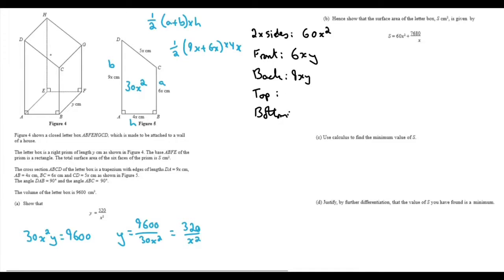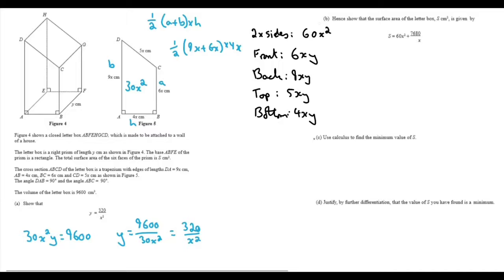The top, once again, we're going to have this length here, this CG, is going to be y, but then the quote-unquote height of the DC, that's the 5x, so together that's 5xy. And then lastly, the bottom, the base, once again you have y for your BF, and then the AB is going to be 4x, so 4xy.